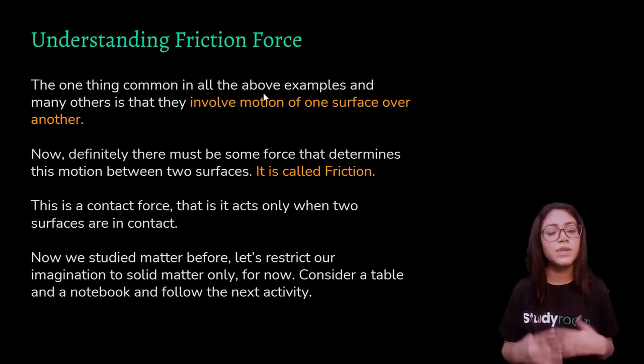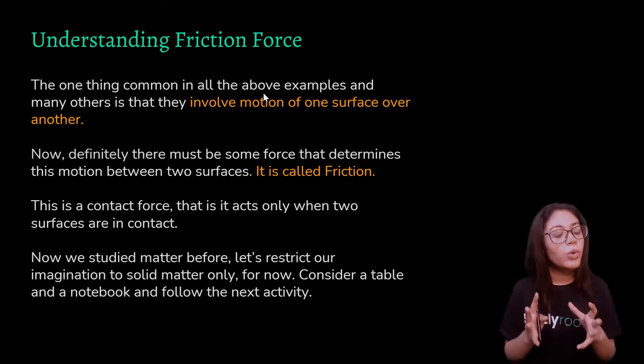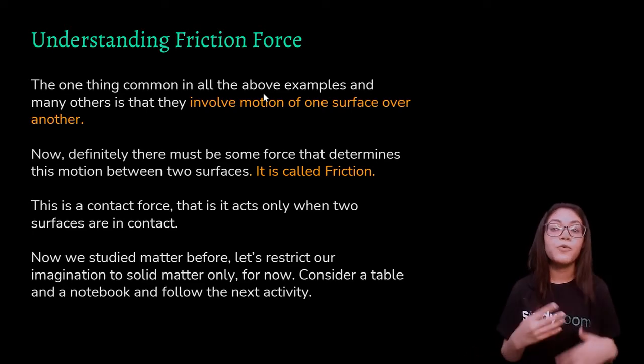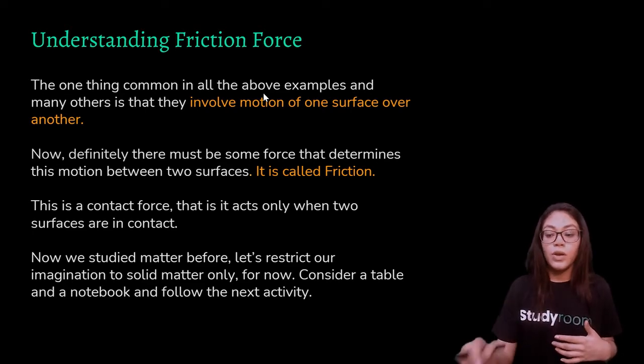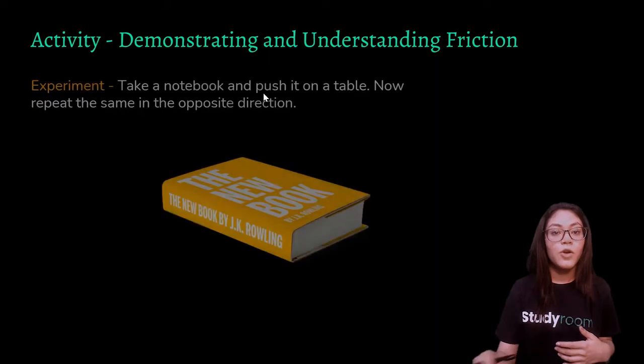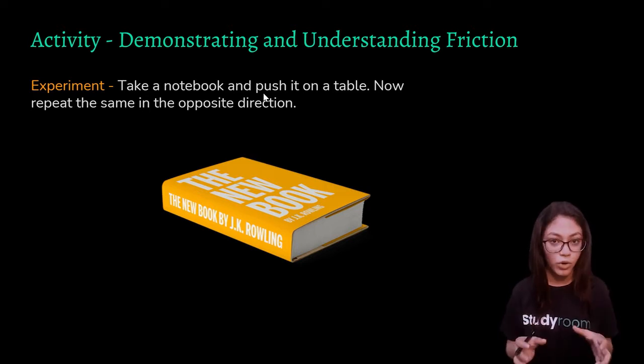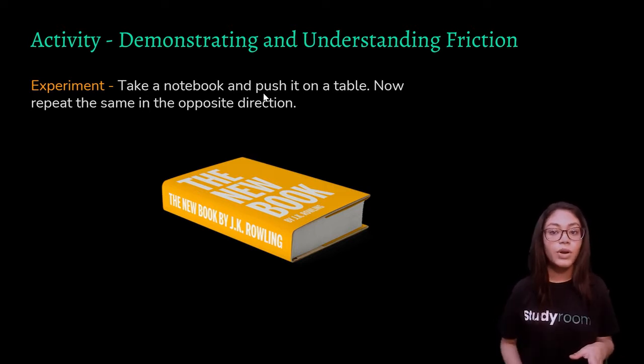Now, we have studied matter before. Let us restrict our imagination to only solid matter and nothing else for now. Now, we perform an activity for demonstrating and understanding friction. We take a book, we place it on a table, and we try to push it.